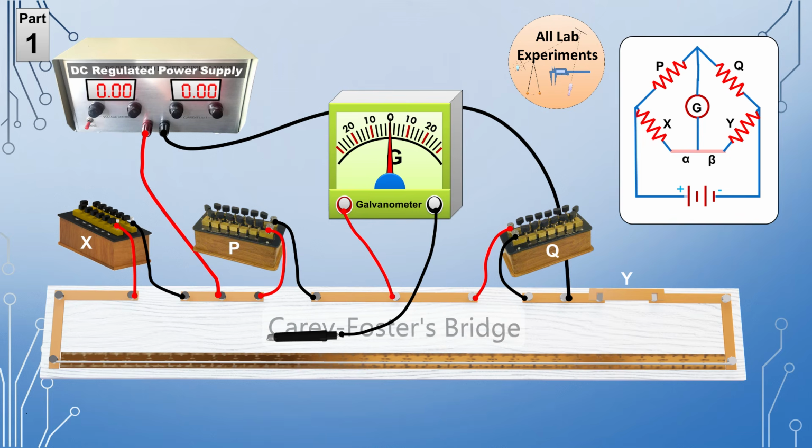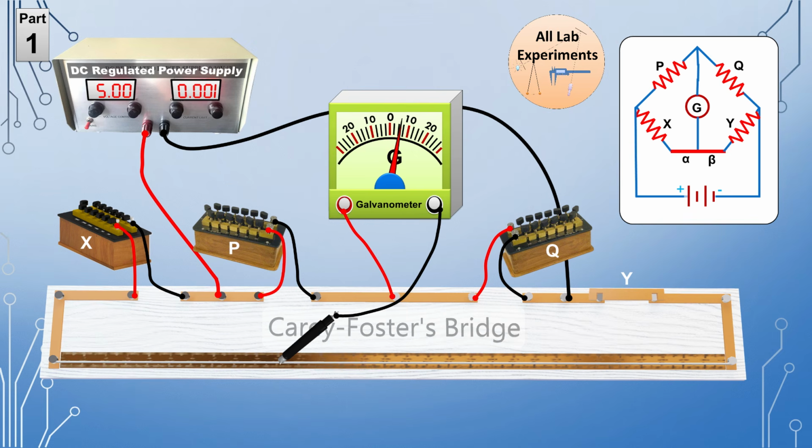First we will switch on our power supply and apply the same resistances in resistance box P and box Q. We are applying equal resistances in both boxes because in this case the sensitivity of the Carey-Foster bridge is the maximum. Now apply a fractional resistance of around 0.1 ohm in our fractional resistance box X and place the jockey on the bridge wire.